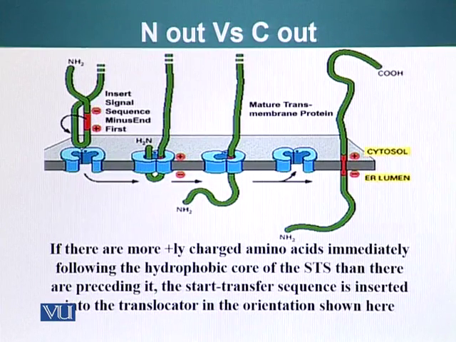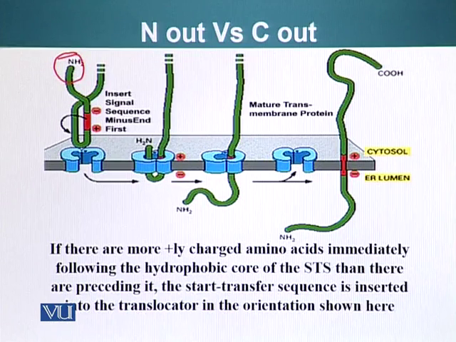Initially I said that generally what happens is once the proteins are being made, they are released with the amino terminus in the lumen of the ER. So we have already seen how that happens. However, here I would like to emphasize that certain proteins, when they are being manufactured, don't carry the terminal signal sequence.